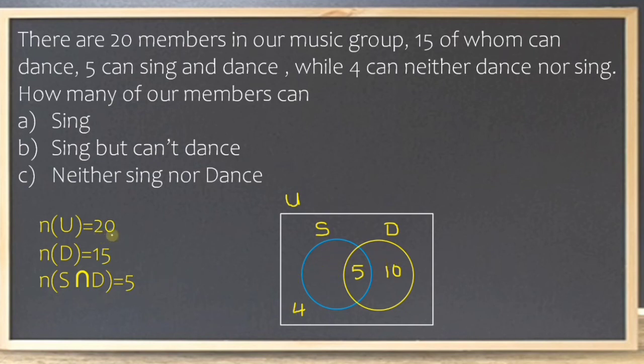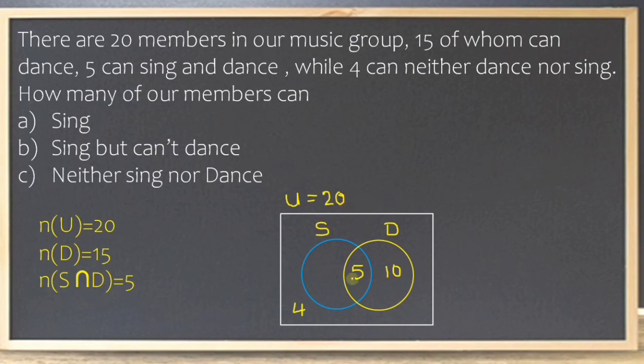All right. So if the universal set is 20, what we want to do is to compare the number of members already written in the universal set to that of the 20 value. So you have 4 plus 5 is 9, 9 plus 10 is 19. So it means we are still left with one more member.